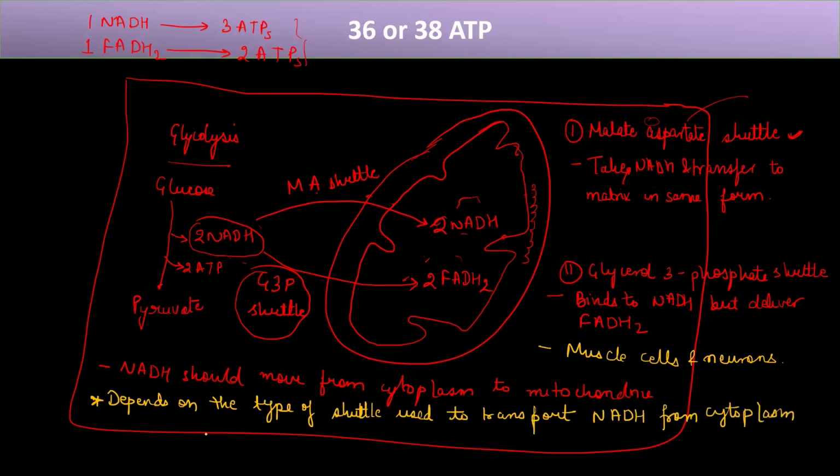So this number of ATPs depends on the type of shuttle that is used to transport NADH from cytoplasm to mitochondrial matrix. With this, we have completed the Krebs cycle, and we have seen how many ATPs are formed. Now we will see how these ATPs are formed.